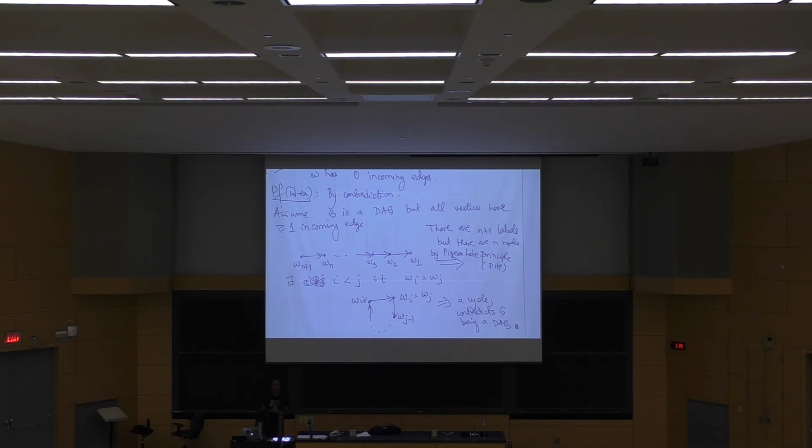All right. Are there any questions? Tyler, you say there's n plus 1 labels and nodes. So what I'm saying is, I start off with W1, it has one incoming edge, look at the guy that's pointing to it, W2, do the same thing again.